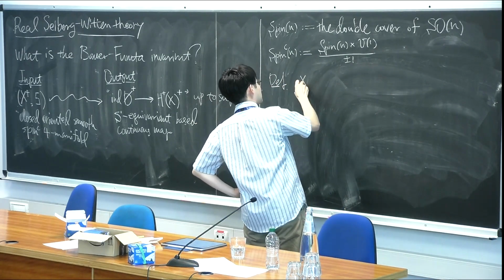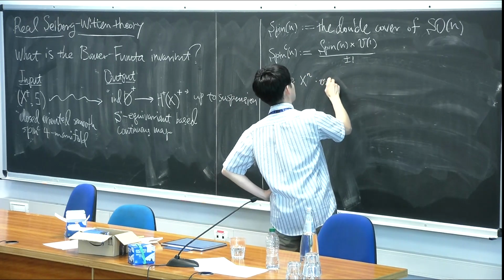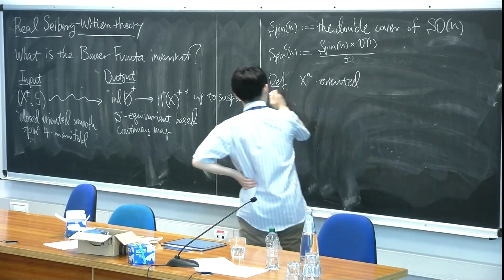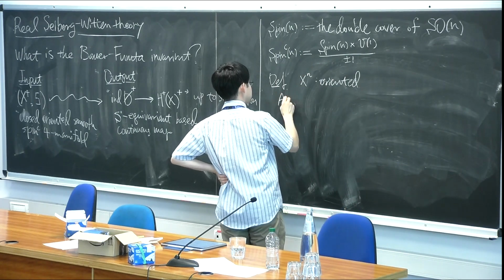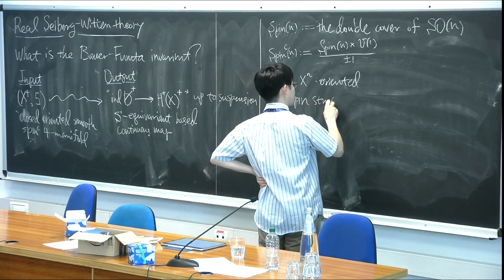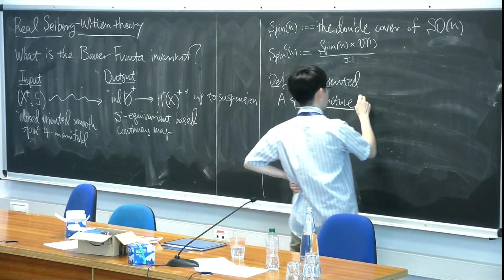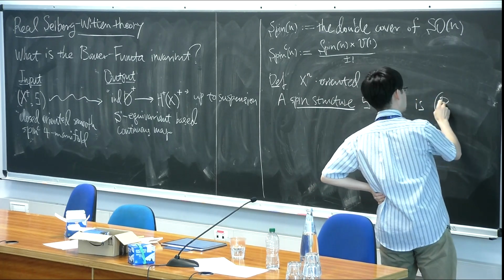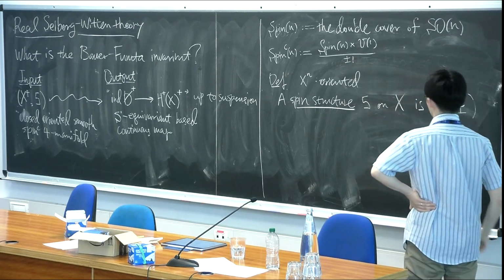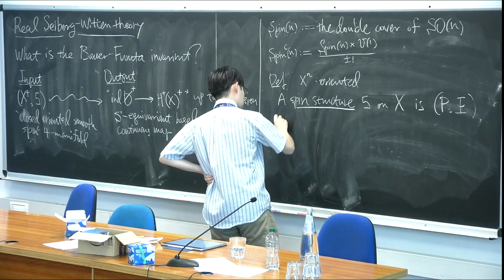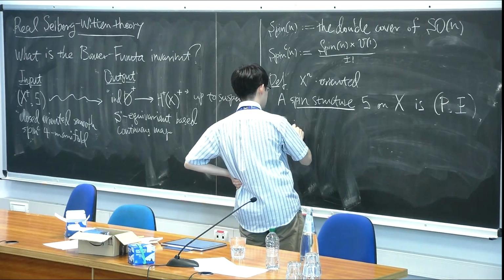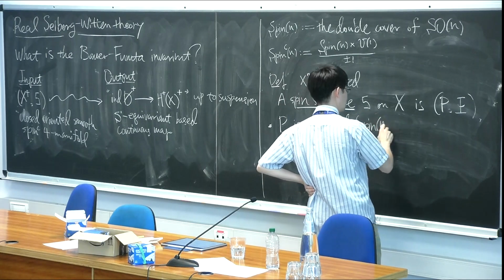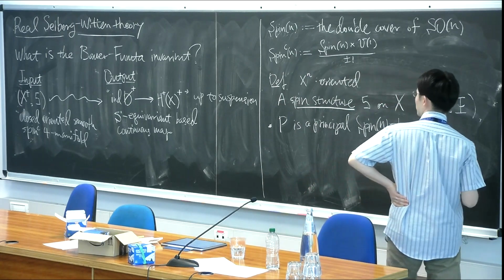And so if I have an oriented n-manifold X, then a spin structure S on X is a pair, let's say P and psi, where P is one of the data. P is a principal Spin(n) bundle over X.